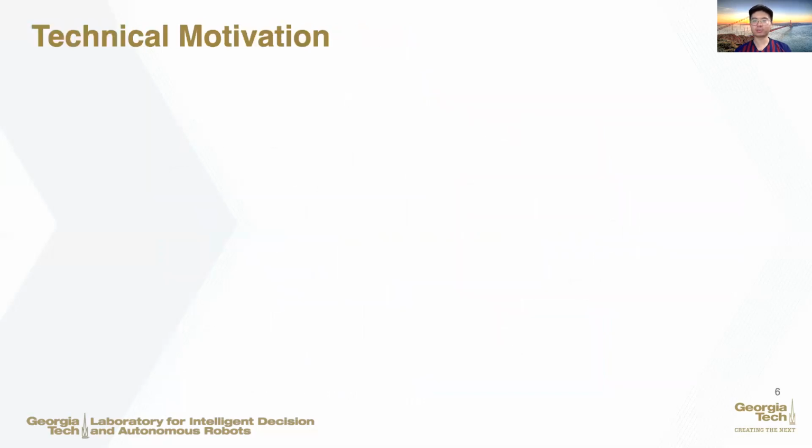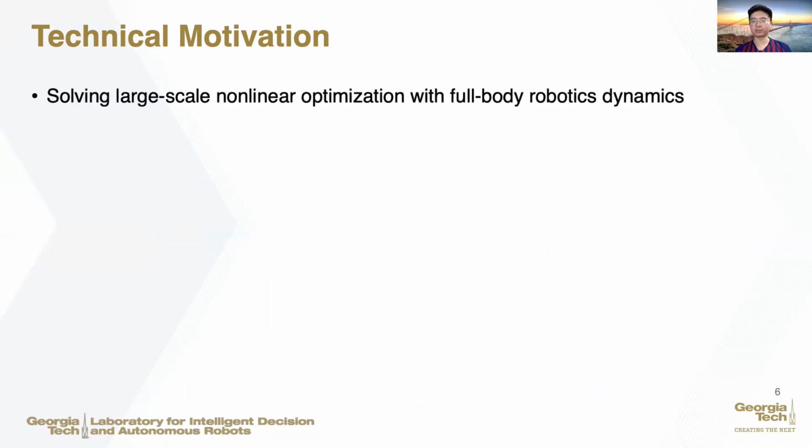Based on the discussion above, the technical motivations of this work can be summarized into several points. First of all, solving large-scale nonlinear optimization with full-body robotics dynamics is challenging and computationally inefficient. To address this inefficiency, a hierarchical planning using a simplified model followed by a full model can reduce the complexity. However, achieving dynamics consensus is especially crucial for generating highly dynamic motions.